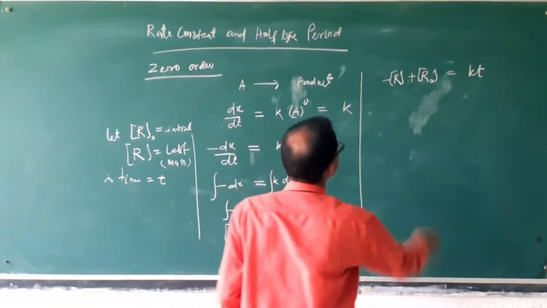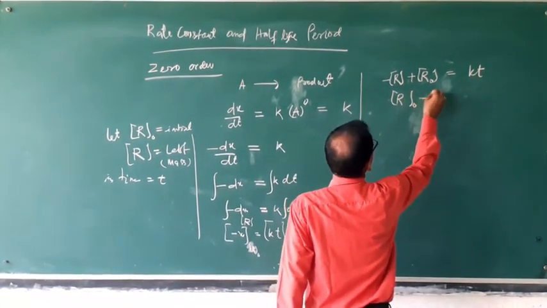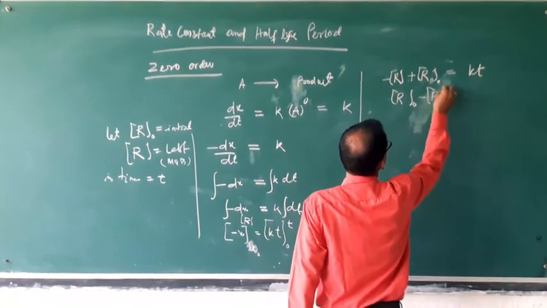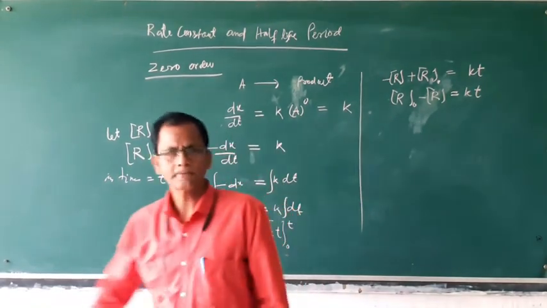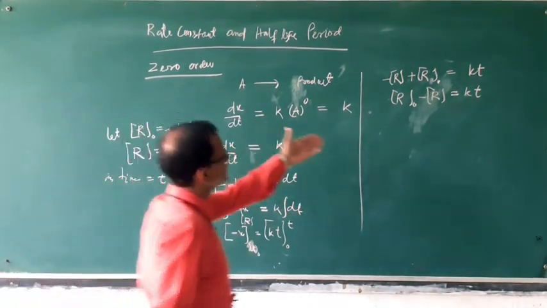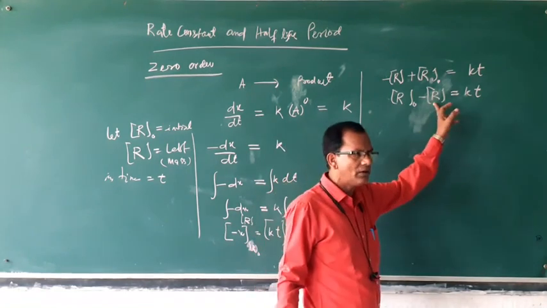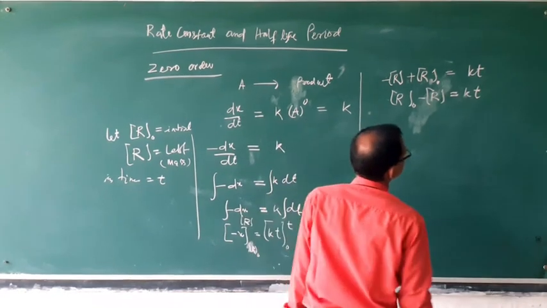That means R0 minus R is equal to kt. What is this? Change of concentration. R0 means the initial value, R is the amount left, is equal to kt.